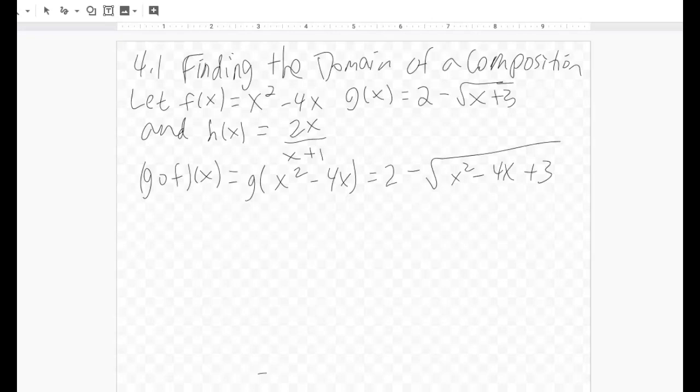So I went ahead and wrote out the composition. And what we learned in the first video, the video by Professor Sullivan, is that you want to be able to find the domain of the inside function and see if the range of that inside function behaves in the outside function.